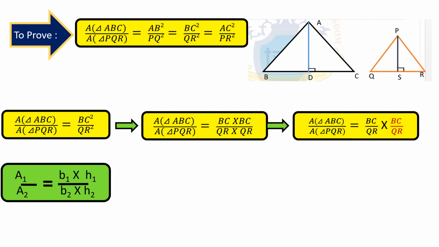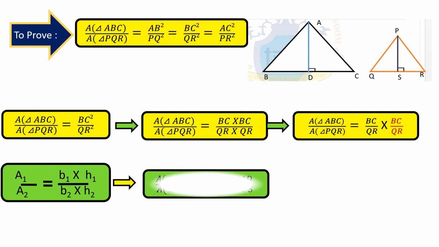Now we'll use this property in this figure. If I use this property, I'll get area of triangle ABC upon area of triangle PQR is actually equal to BC into AD upon QR into PS, where BC is the base of triangle ABC and AD is the height of triangle ABC.